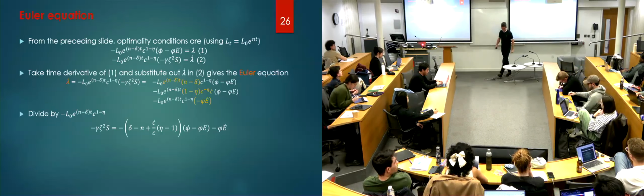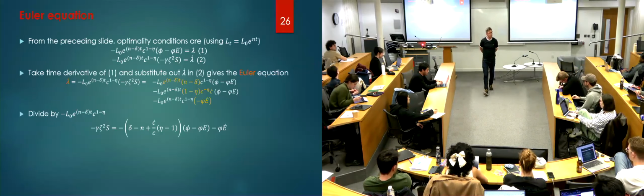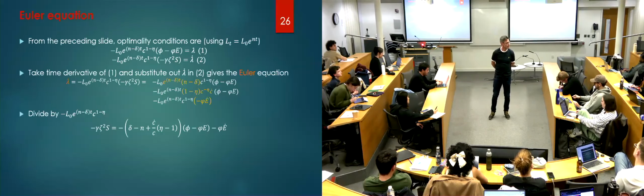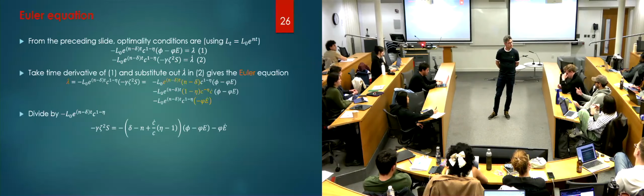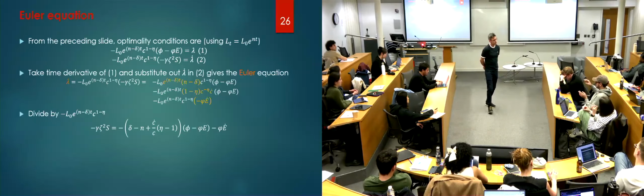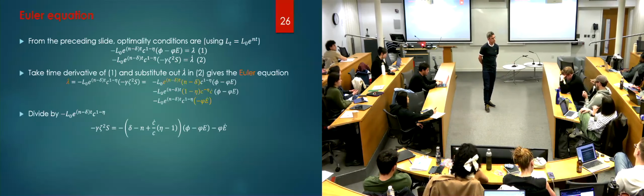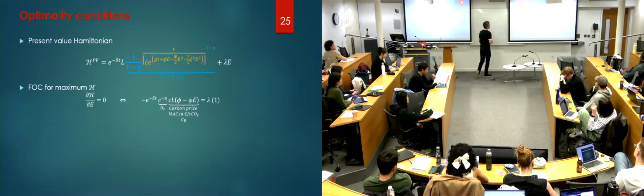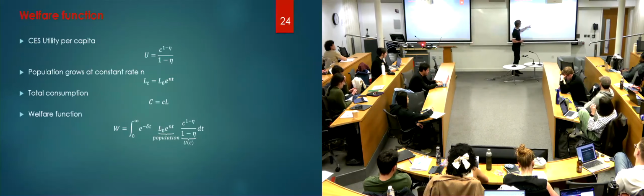Yeah? A question on that consumption. If we assume that economic growth is larger than population growth, then total consumption would not be C equals c times L, no? Wouldn't it then be larger? If economic growth outpaces population growth, then what each person consumes actually grows. Yes.